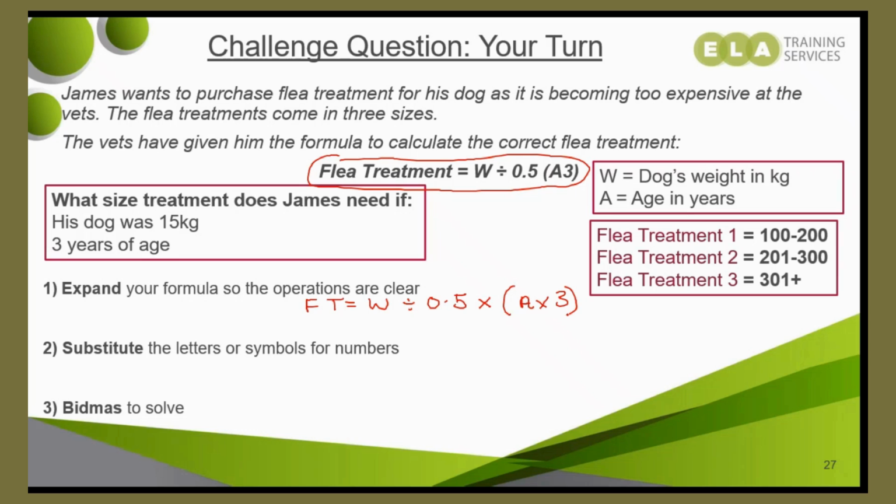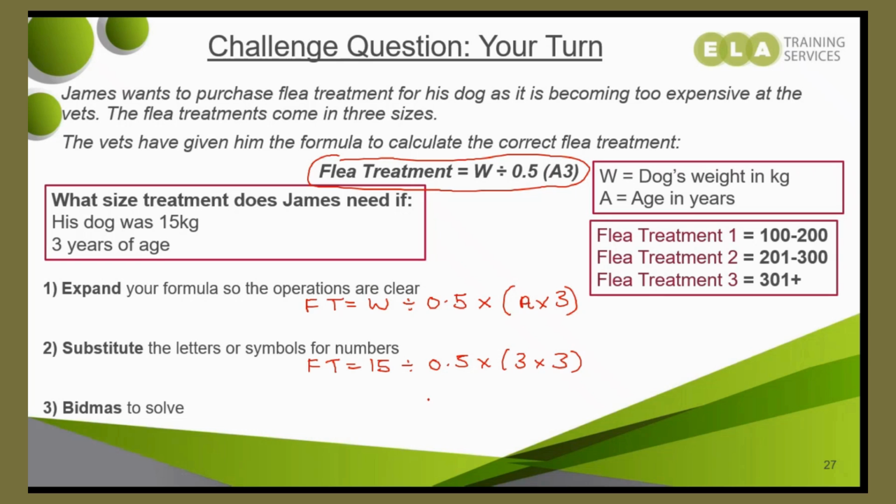So now our formula means flea treatment equals weight divided by 0.5 divided by age multiplied by 3. Now we're going to substitute the letters or symbols for numbers. So FT equals W, weight, where is weight? His dog was 15 kilograms, so we're going to do 15 divided by 0.5, and then we're going to multiply that by the dog's age, which is 3, and times by 3.